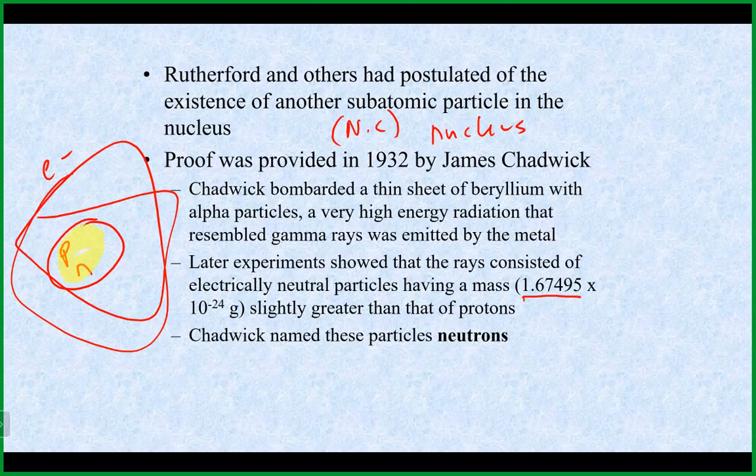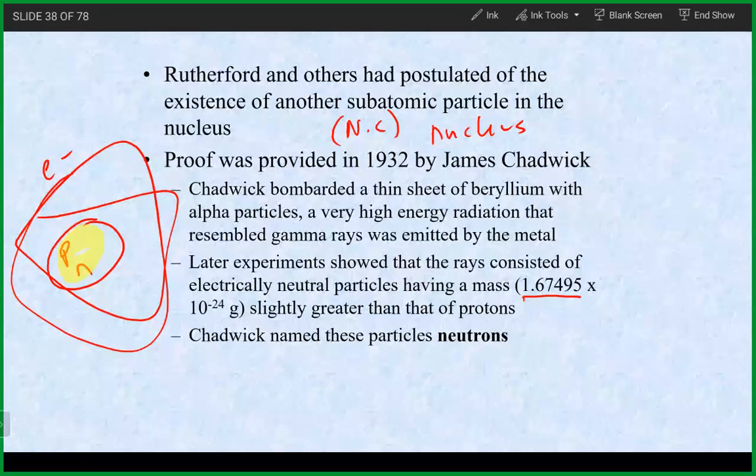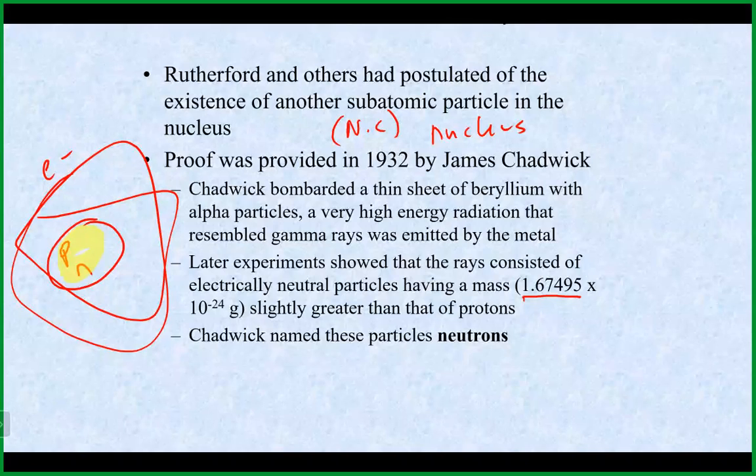And that is why, again, Rutherford said that most of the mass of the atom is actually the nucleus, because they contain these really heavy particles. So in terms of mass, it is the neutron that is the heaviest, followed very closely by the proton. And the least massive is the electron, which is much, much lower in mass.